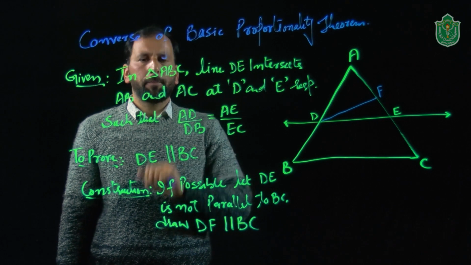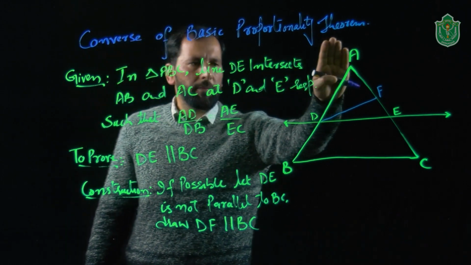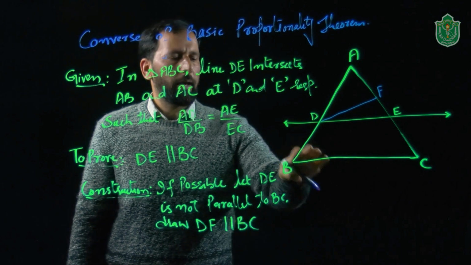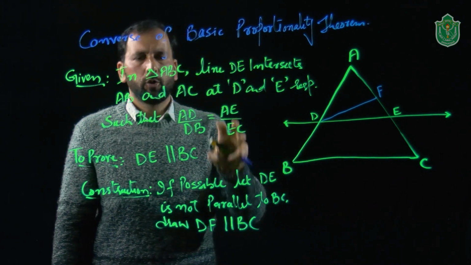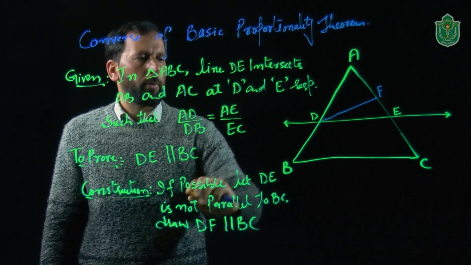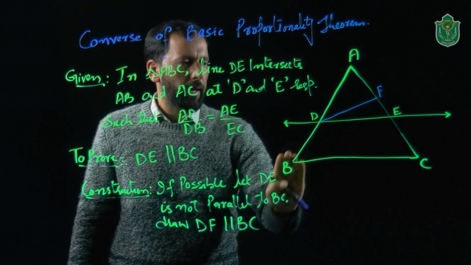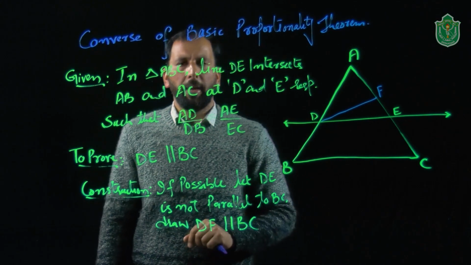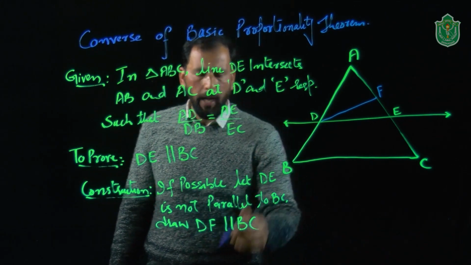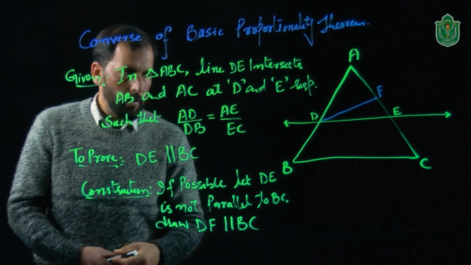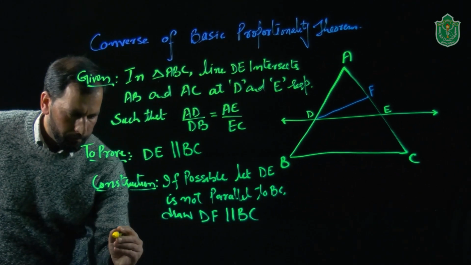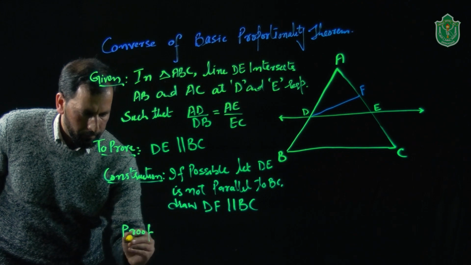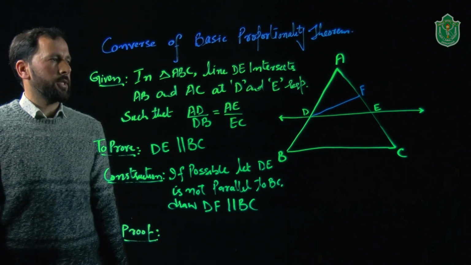Now, by basic proportionality theorem, if we have a triangle ABC and any line parallel to one of its sides, here by construction we suppose this DF is parallel to the line BC. For this triangle we can now use the basic proportionality theorem. Now let us take the proof.